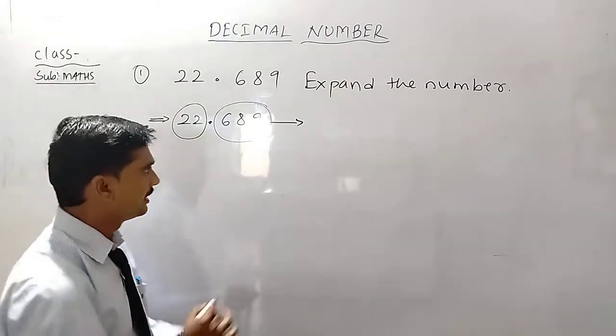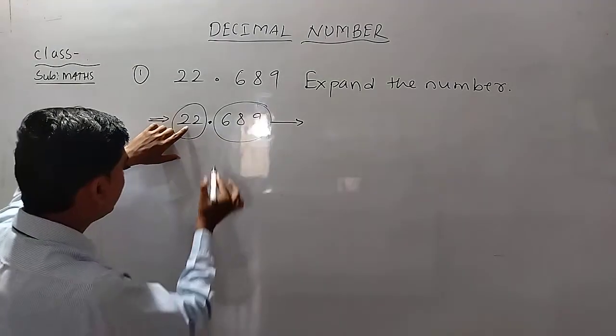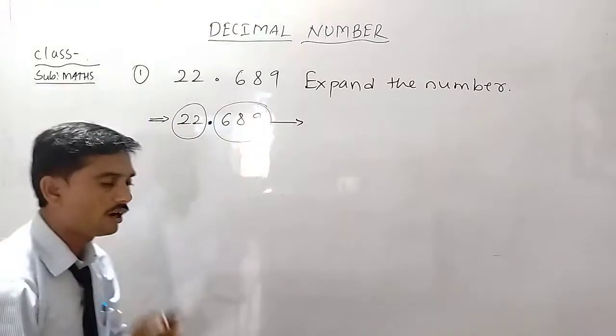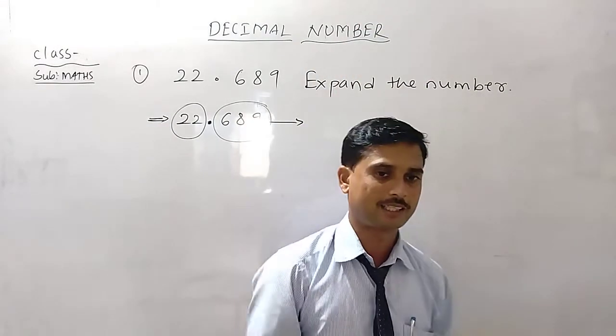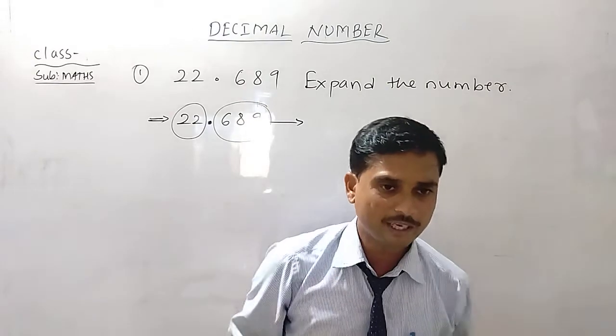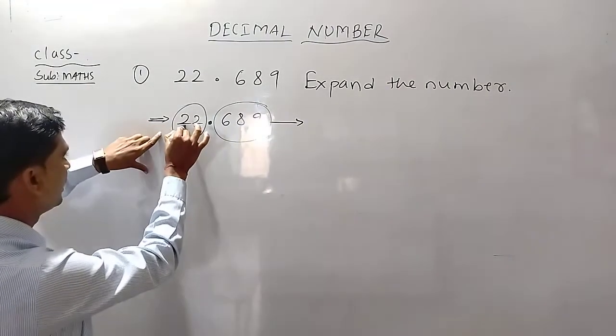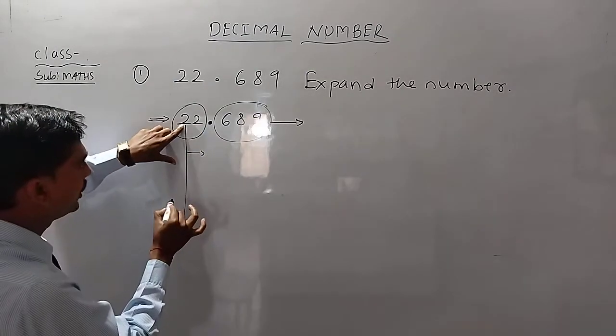That's why you should write here, in that number we have to start from the bigger place. Which is the bigger place? Sir, 2 is the bigger place number.